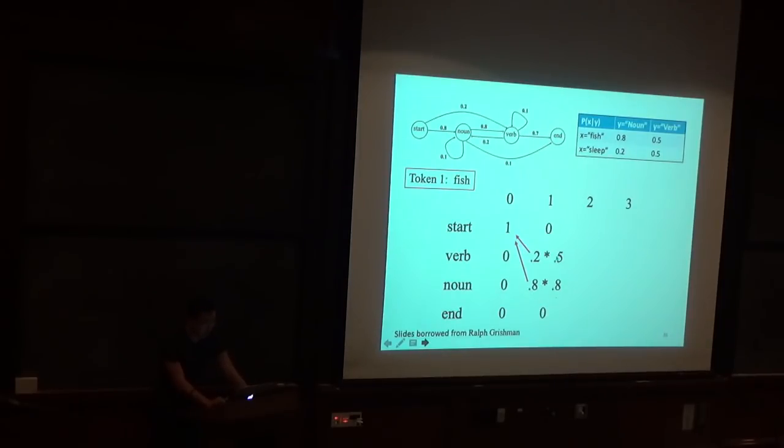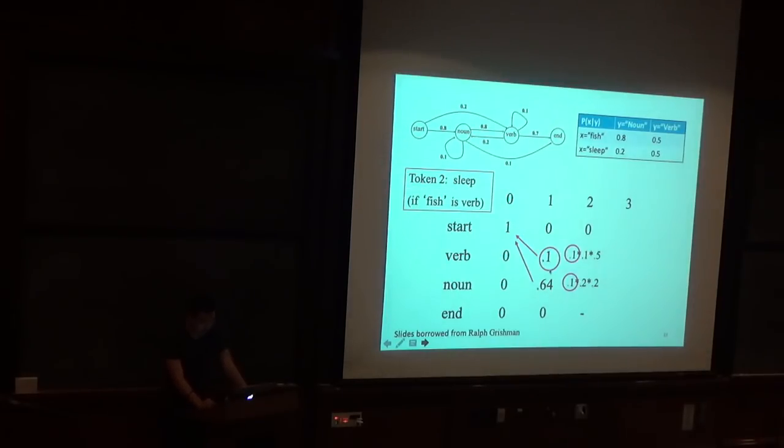The second number is the probability of generating fish given that we're at verb and generating fish given that we're at noun. Okay, so this is the length-1 prefix solution and the corresponding partial probabilities of that length prefix subsequence.